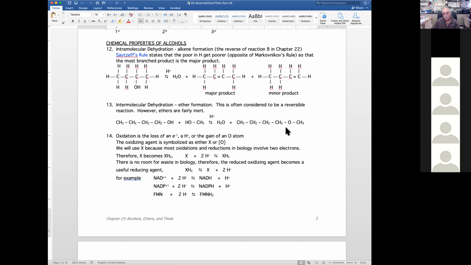So this is an ether. Ethers are a carbon bonded to an oxygen bonded to another carbon. Ethers are pretty inert. They're fairly stable. So once I do this dehydration and I make the ether, it is more likely to remain because it's more stable than these 2 alcohols together.